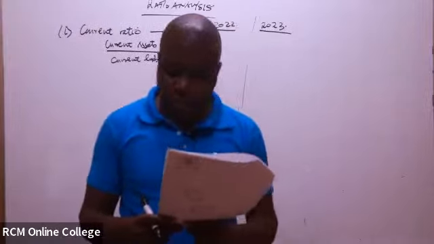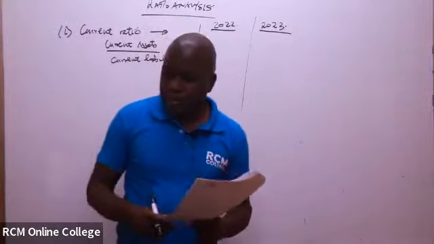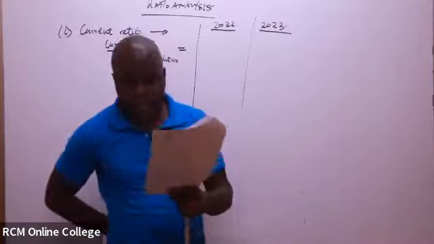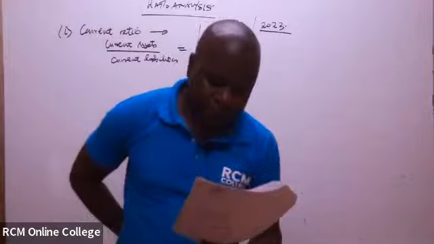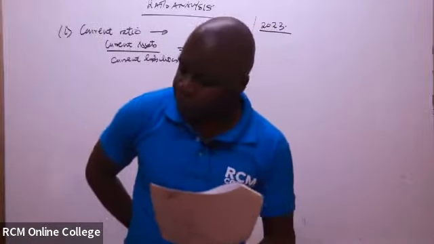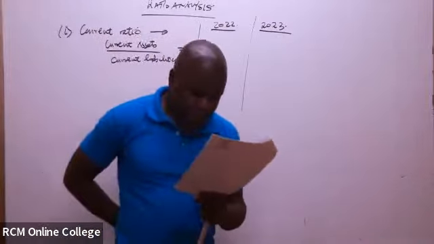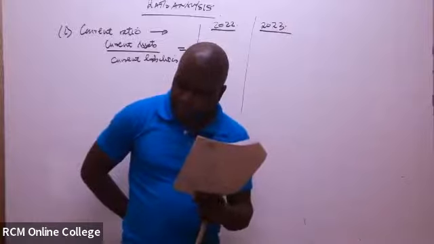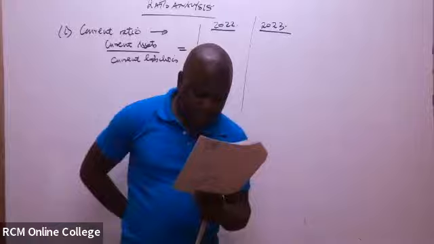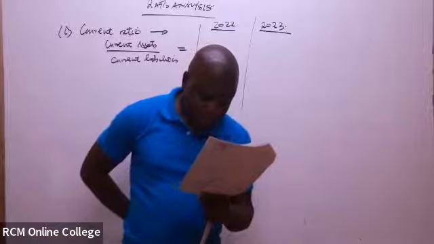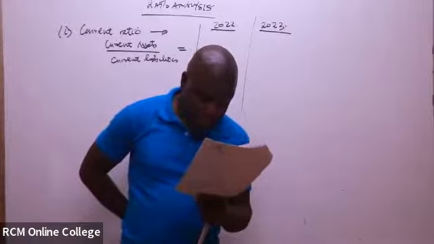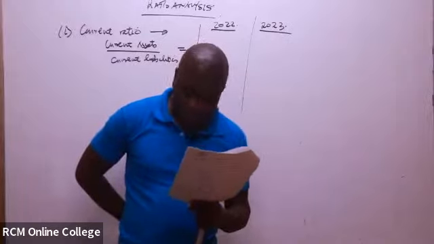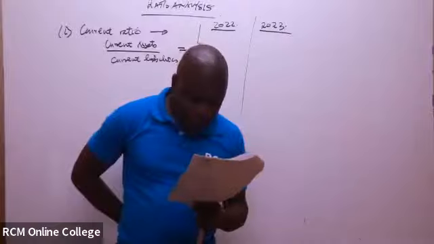Simuli, Omondi, for 2022, which figure divided by which figure? I can see 3110 over 1915. Another person can try. We'll take 1710 over 745.